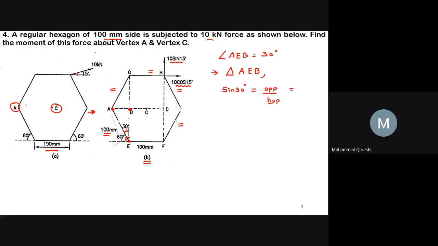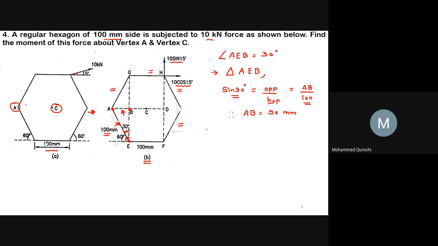So for sine 30 degree, what will be your opposite side? Your opposite side will be AB. So I will write here AB upon hypotenuse. Hypotenuse is nothing but this, that is 100 mm. So I will write here as 100. So we will get AB equals sine 30 into 100, which will be equals to 50 mm.